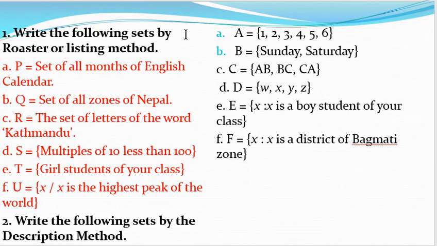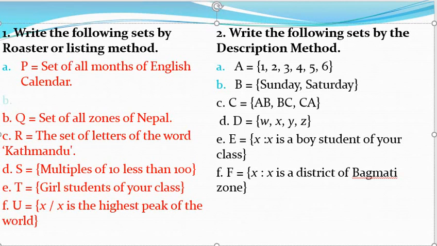Okay. Now question number 1: write the following set by the listing method. Set of the months of the English calendar. So you have to write P equals, curly bracket, starting from January, going towards December.